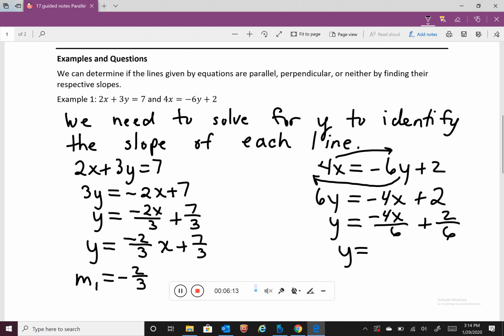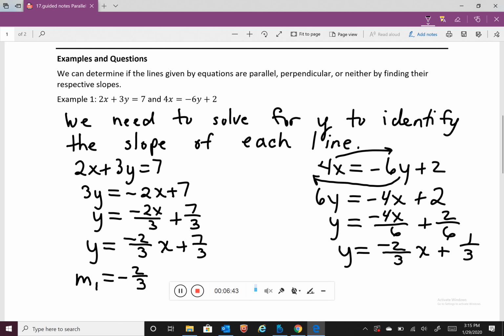Negative 4 and 6 are both even, so they reduce to negative 2 and 3 by factoring out a common 2. 2 and 6 also simplify, since they both contain a common factor of 2, into 1/3.